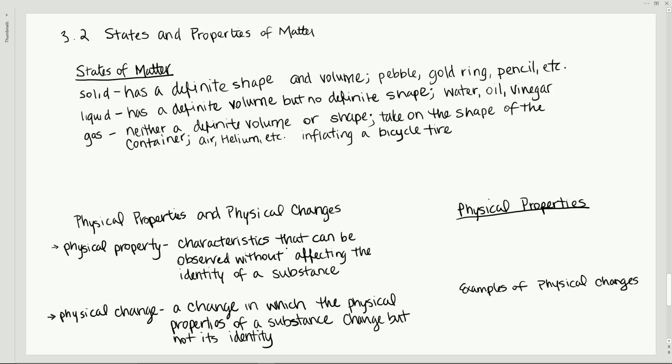So physical properties include things like shape, the color of the object or substance, the melting point, boiling point, freezing point, and size.